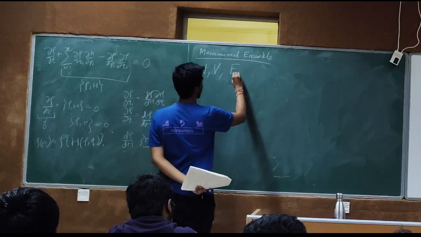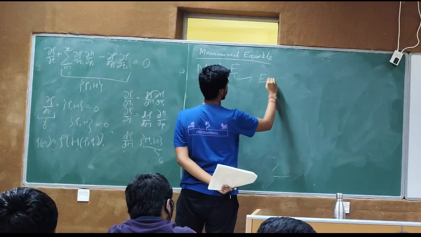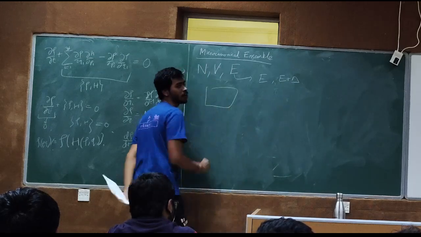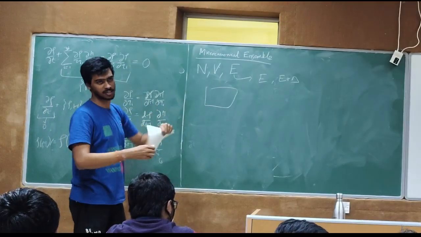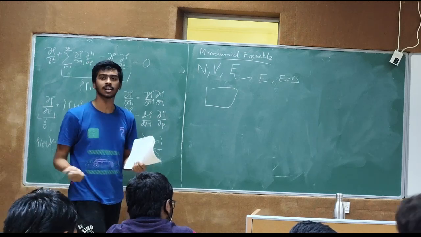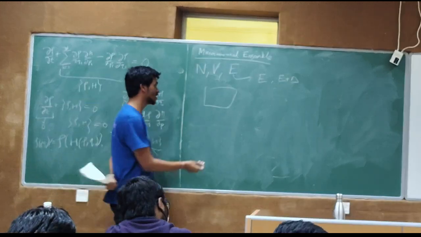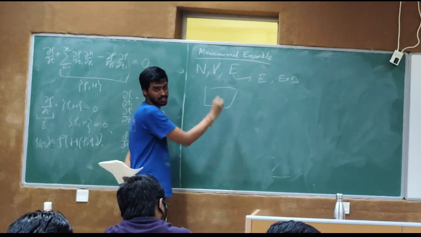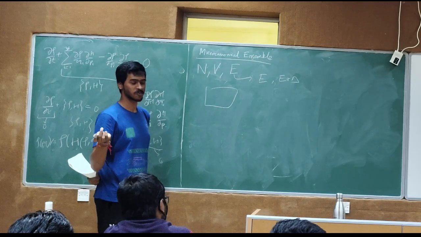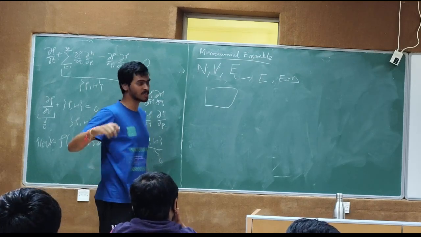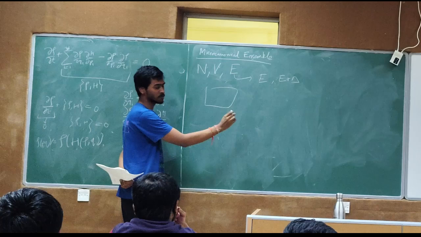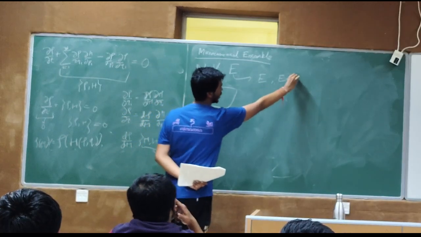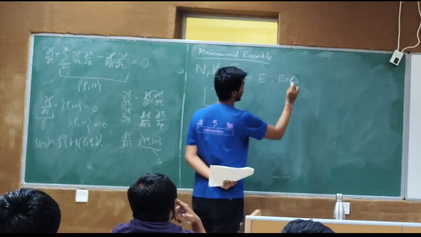And I'll allow the energy to be within a range E to E plus delta. Because for any system, however closely you isolate it, you can't stop the interactions with the environment completely. There would be a vacuum, and that vacuum also interacts, which comes to field theory, but the vacuum is not a true vacuum. So I'm restricting it to a very narrow range of energy defined by this delta.